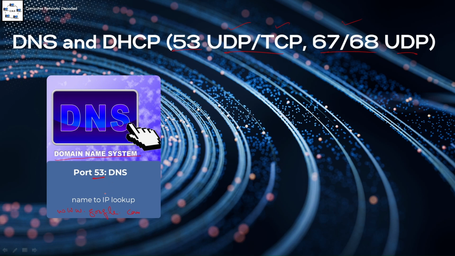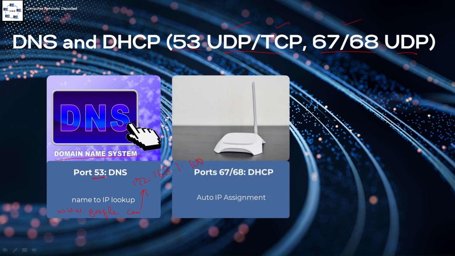The computer basically doesn't understand this www.google.com. They need IP addresses to communicate. So DNS basically translates google.com to an IP address. This IP address may be anything. I am giving just an example, let's suppose 192.168.1.100. So this translation is done by the DNS.